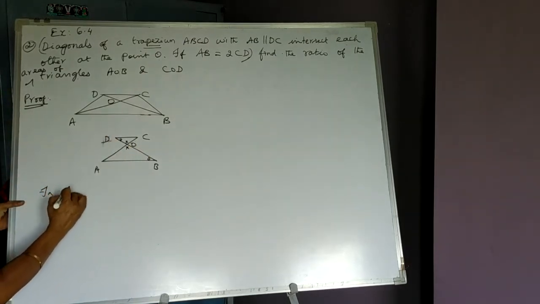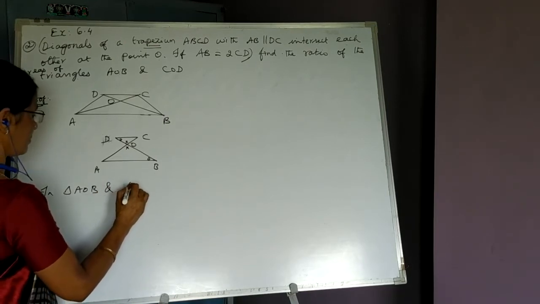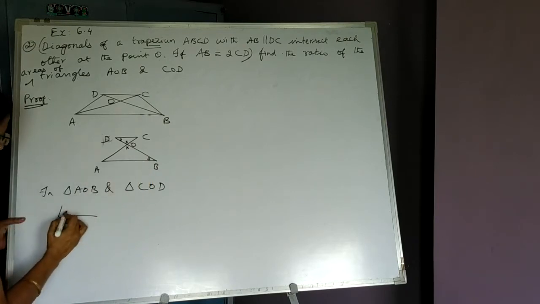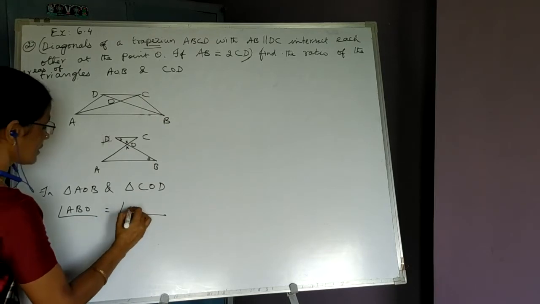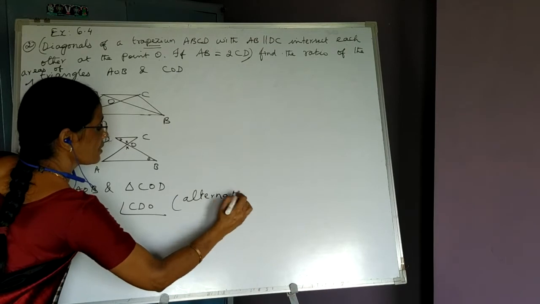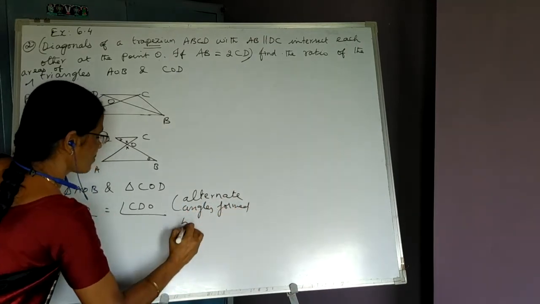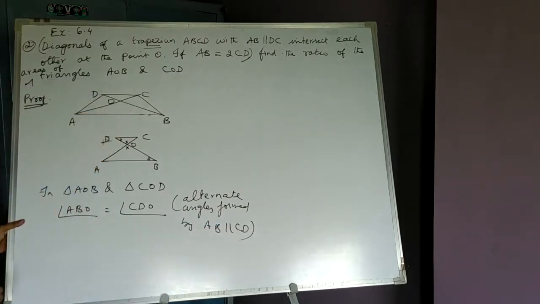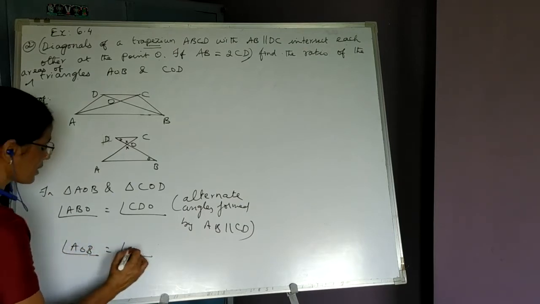So I write, in triangle AOB and triangle COD, angle ABO is equal to angle CDO. Reason: alternate angles formed by AB parallel to CD. What kind of angles are AOB and COD?